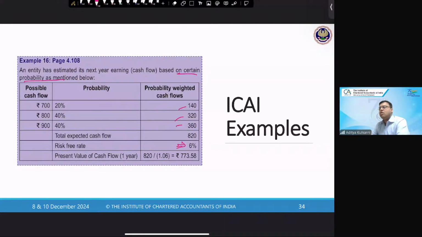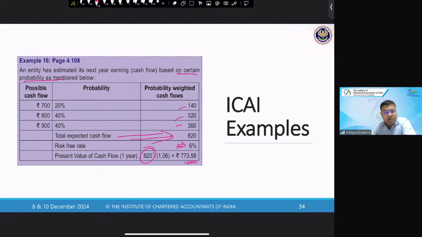Therefore, present value of cash flow for 1 year is 820 divided by 1.06. So that comes to 773.58. Of course, यहाँ पे बहुत कुछ डेटा दिया नहीं है, like how did they get this 820?